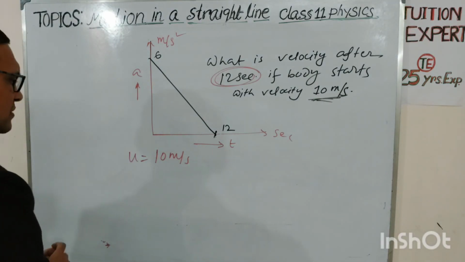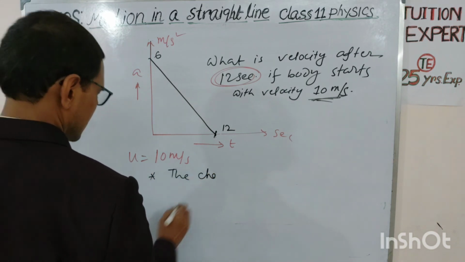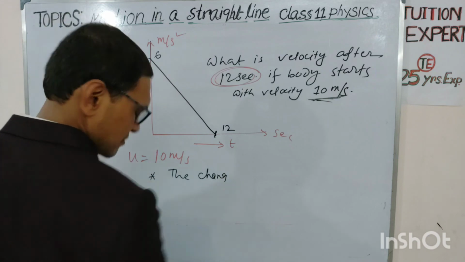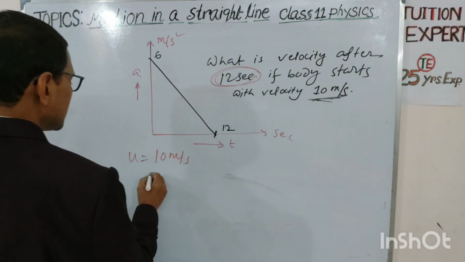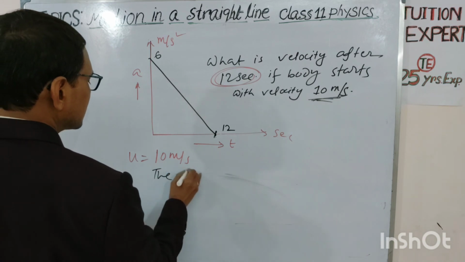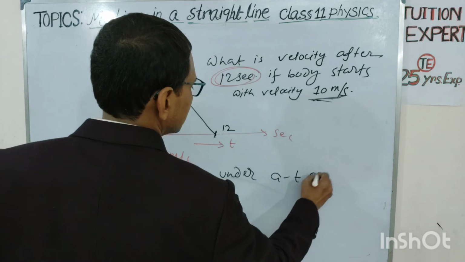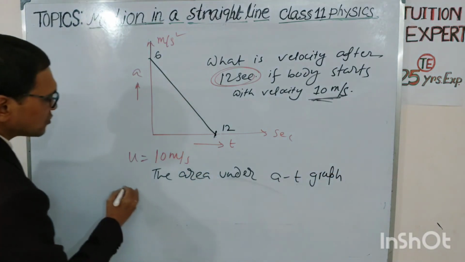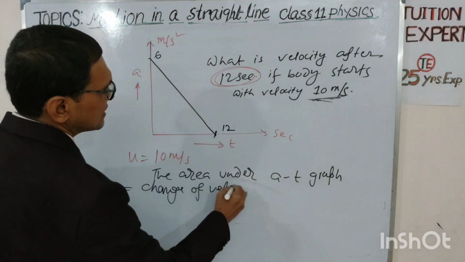The theory, which I have written already, is that the area under the a-t graph is equal to the change of velocity.